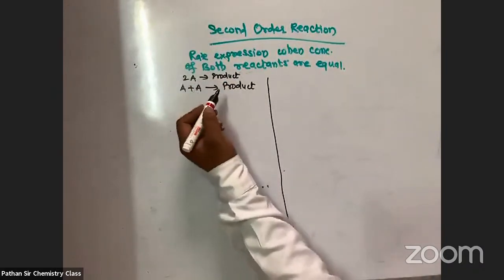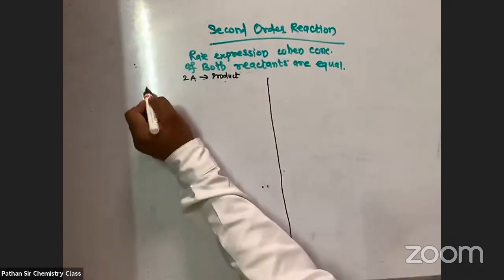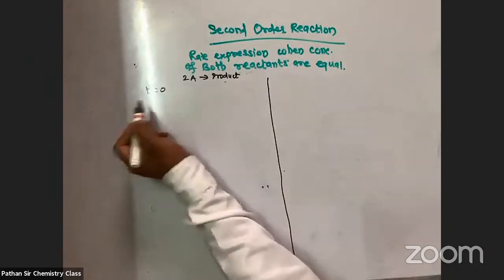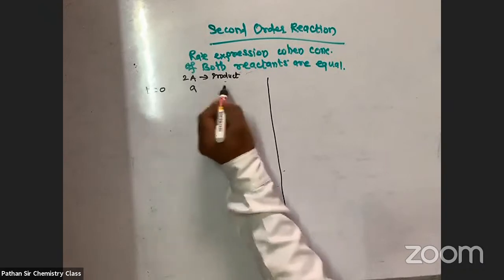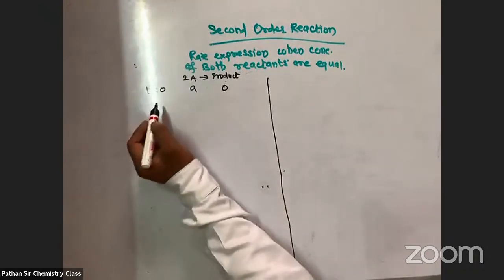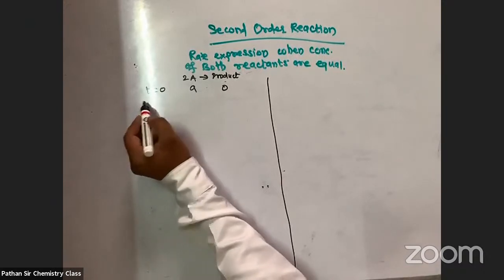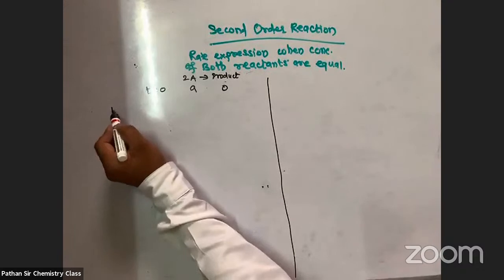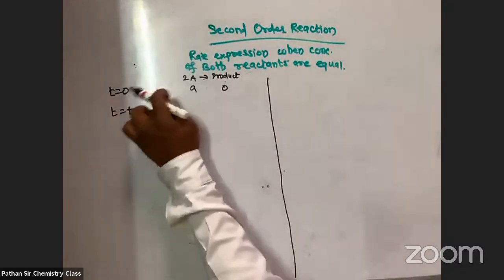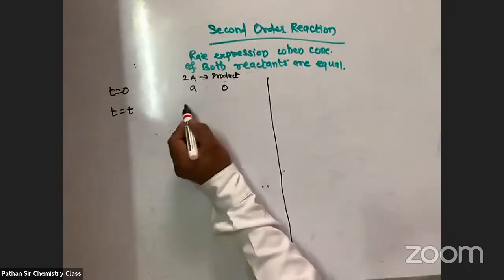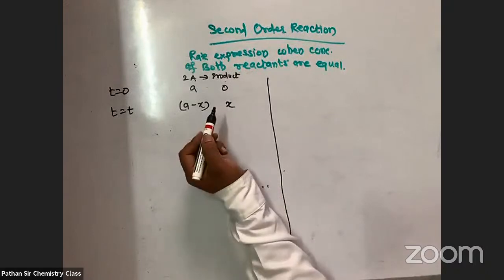Now, initially when t was 0, initial concentration of A is a and that of product is 0. After some time t reaction proceeds, it forms product, the initial concentration decreases. So at some time t is equals to t, the remaining concentration of A is now a minus x and that of product is x.